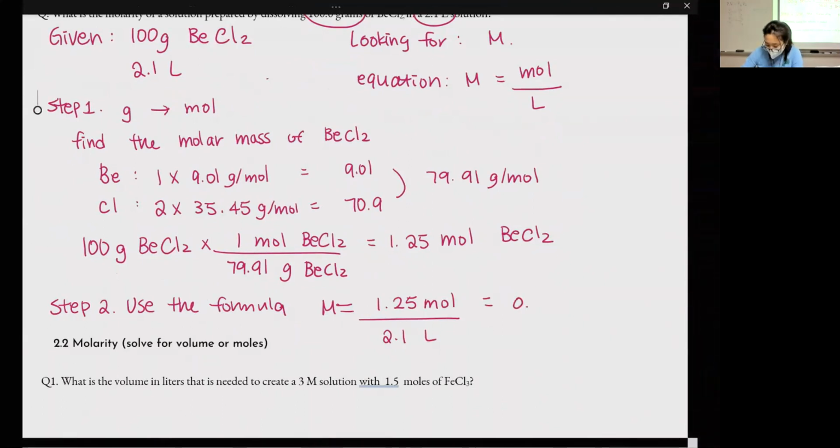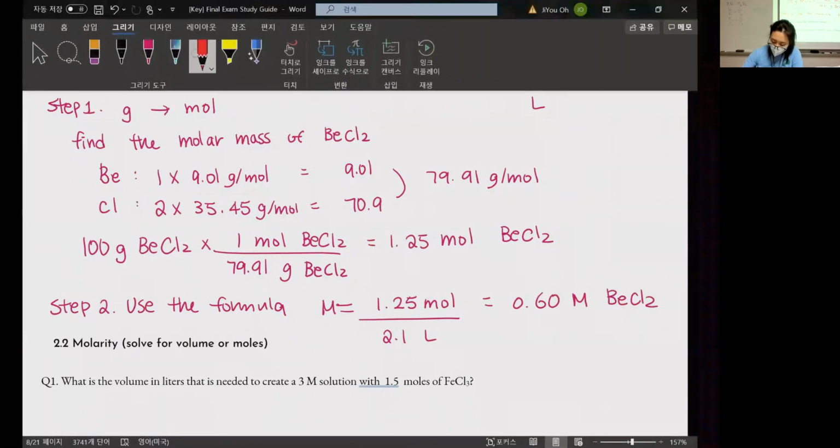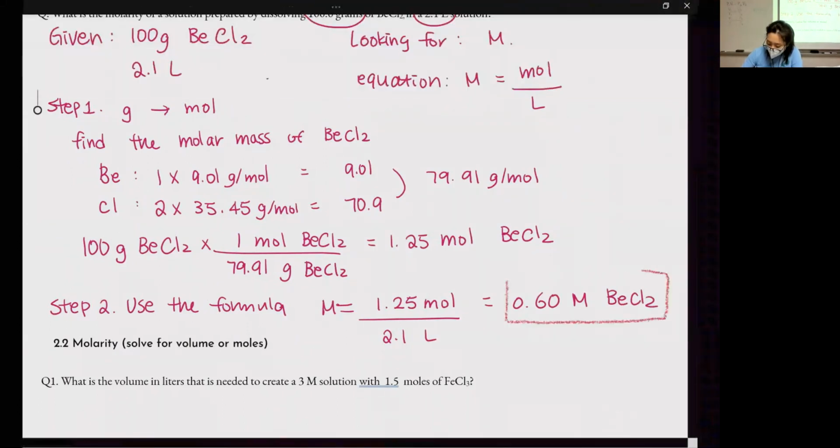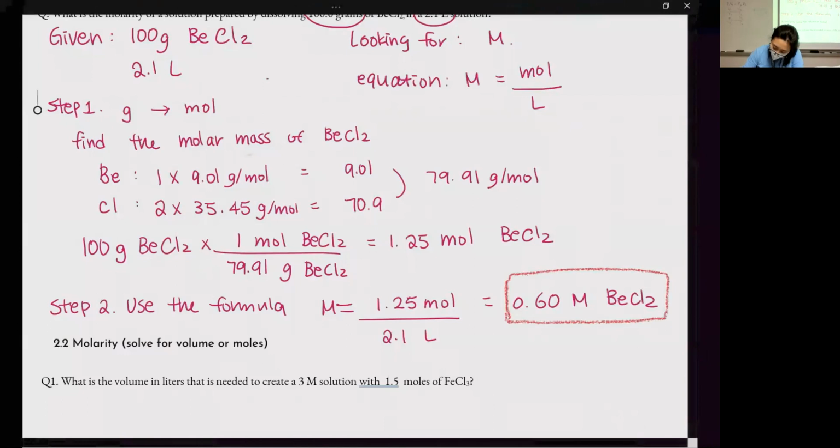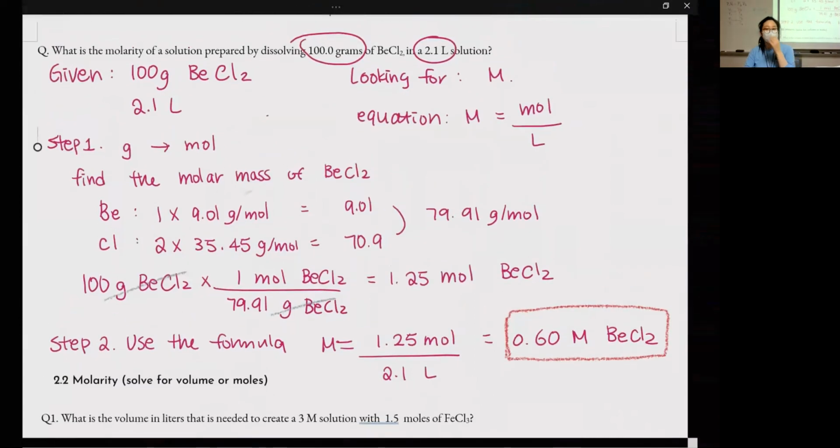So this one will be 0.60 molar solution of BeCl2. So that will be your final answer. And that's how you would do this problem.